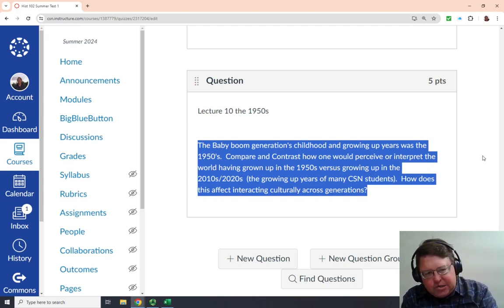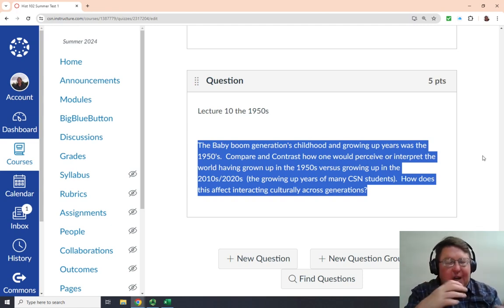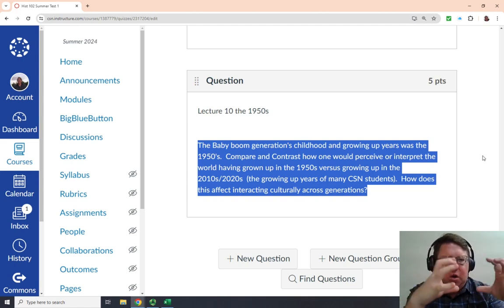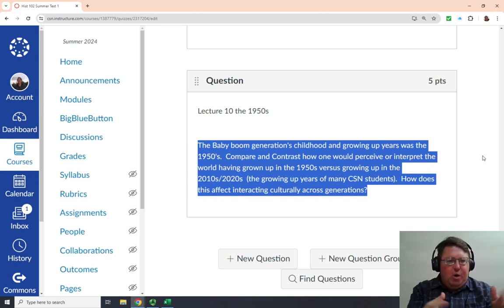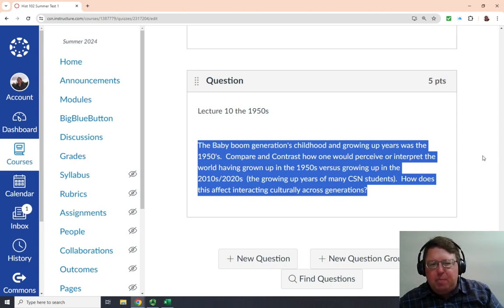If you grew up in the 90s, you can compare and contrast your decade too. But I want the focus to be on you young people, you Zoomers, who live in the 2010s and 20s. What do you think? 50 years from now, when you're old, will you Zoomers, you younger students, 17, 18, 19, 20, look at your childhood the same way as people in the 50s did?